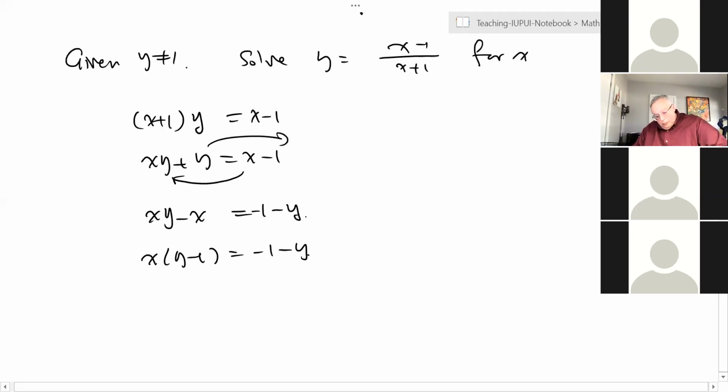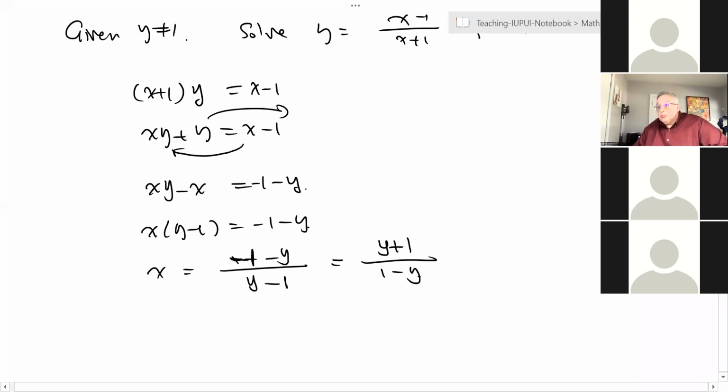Okay, then you divide both sides by y minus 1. All right, now you can multiply the numerator and denominator by negative 1. So you can write it like this, 1 plus y over 1 minus y, okay? That looks better, okay?